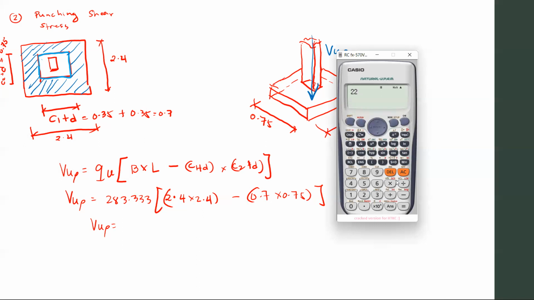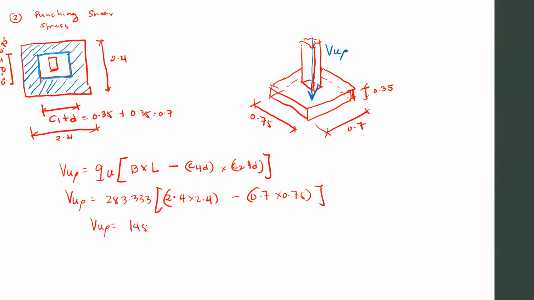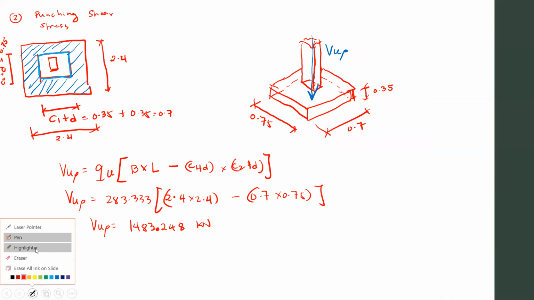So that is 283.333 multiplied by 2.4 by 2.4 minus your 0.7 by 0.75, you have 1483.248. Okay, so 1483.248 kilonewton.